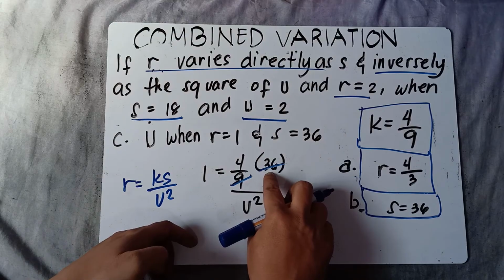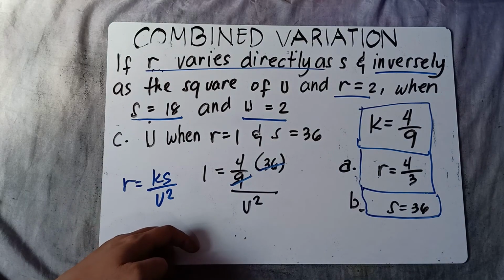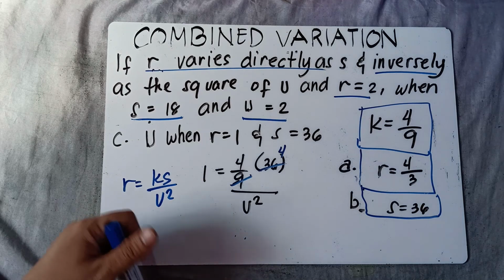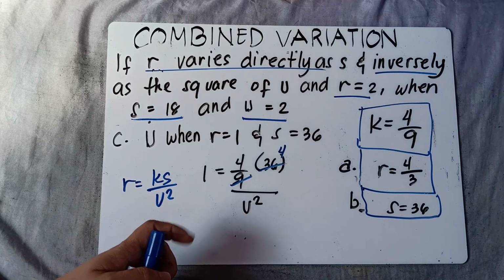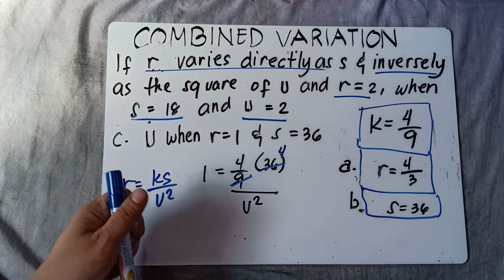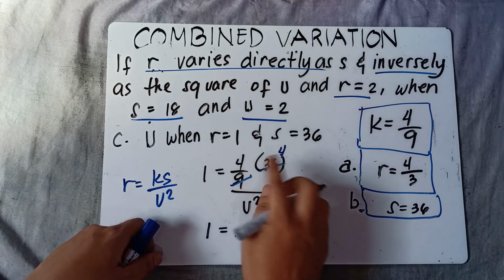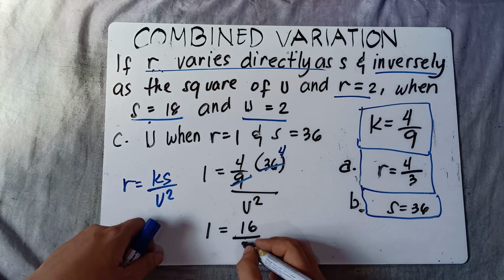The remaining will be 4, so this becomes 4 times 4. So 1 equals 4 times 4, which is 16, over U squared.